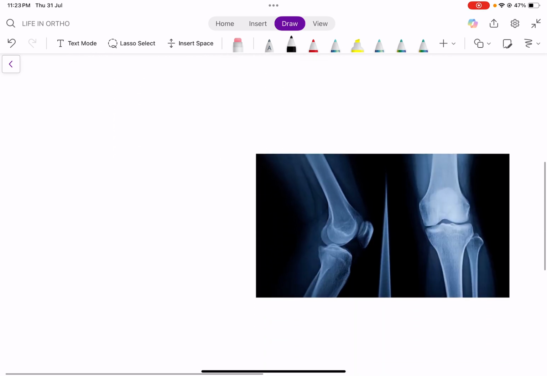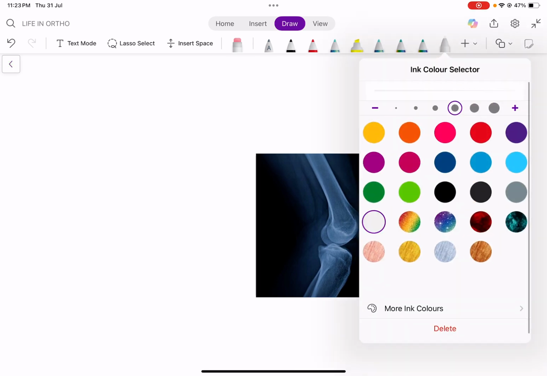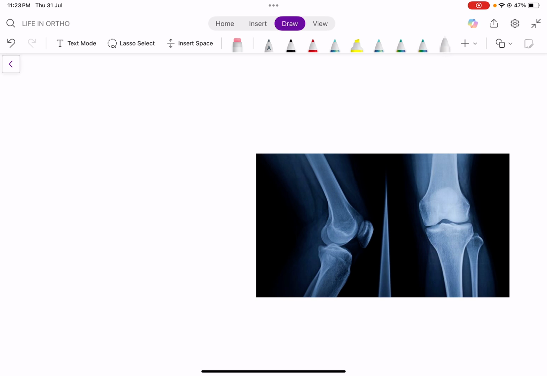So let me show you a basic. We'll be discussing these things together a lot, but the basic investigation for any orthopedic problem is an X-ray, which is being shown in front of you. So this is an X-ray of the knee joint, which is the largest joint of the body.